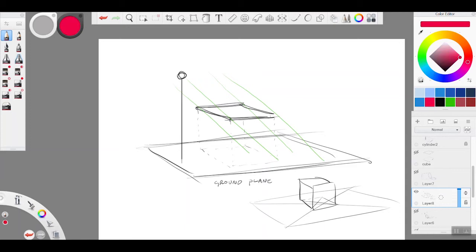Now, the reason why this is important is all of these corners where I've drawn angle lines through have to have a corresponding direction line beneath them in order to plot where these intersections are.